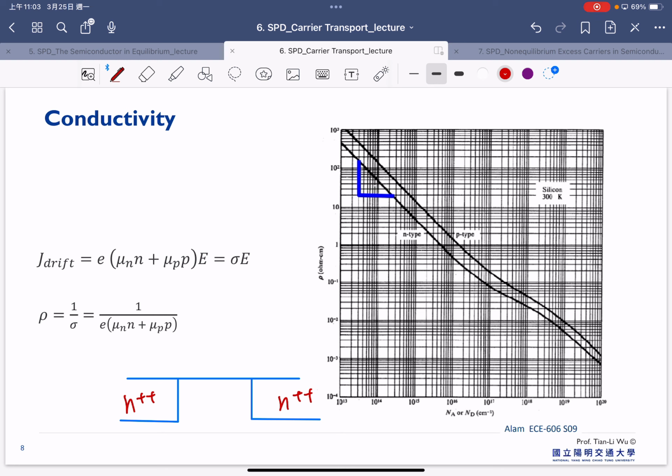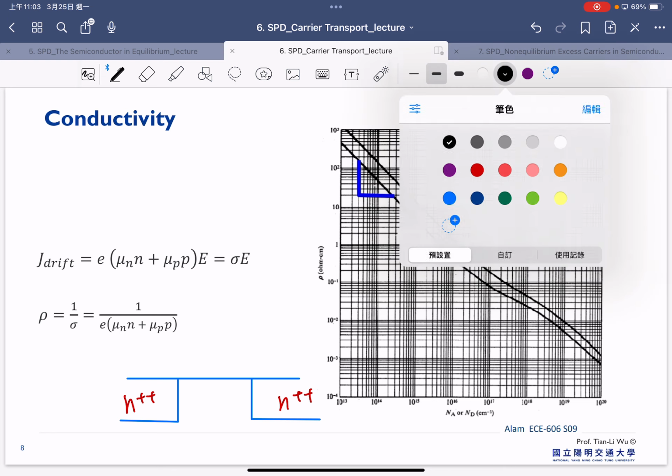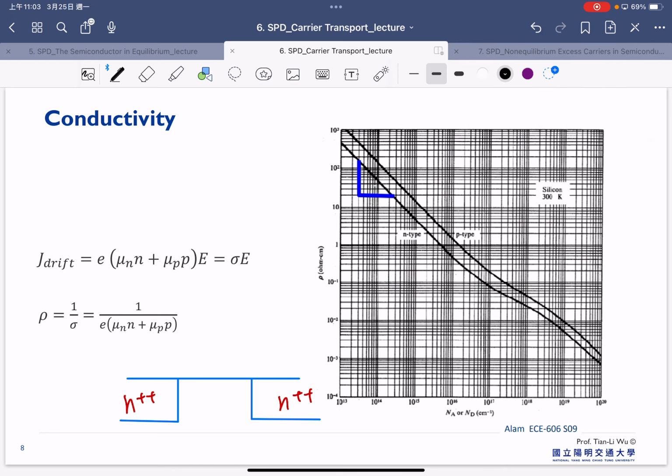But before we talk about the reason, we have to understand that if you consider the carrier, we all know this is the MOSFET structure, so we have a dielectric here, and on top of the dielectric we have the metal.